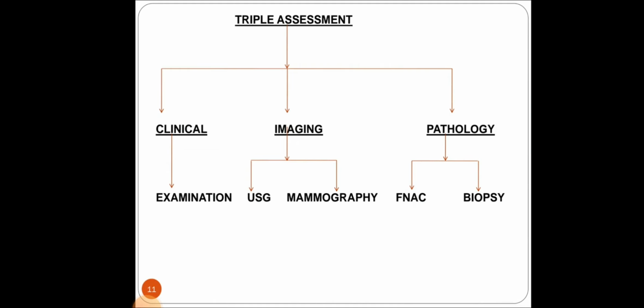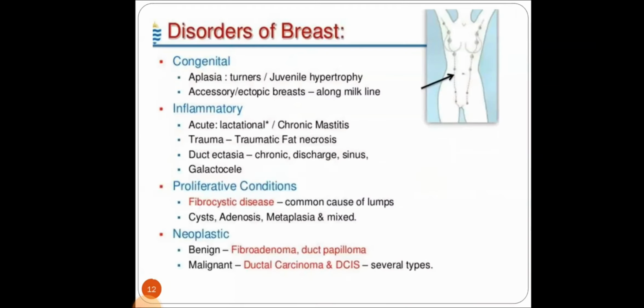These are the triple assessment applicable in the assessment of breast disorders. Clinical, imaging, and pathological. Clinical is mainly the examination. Imaging involves USG and mammography. Pathology involves FNAC and biopsy. So these are the examination part of the breast.